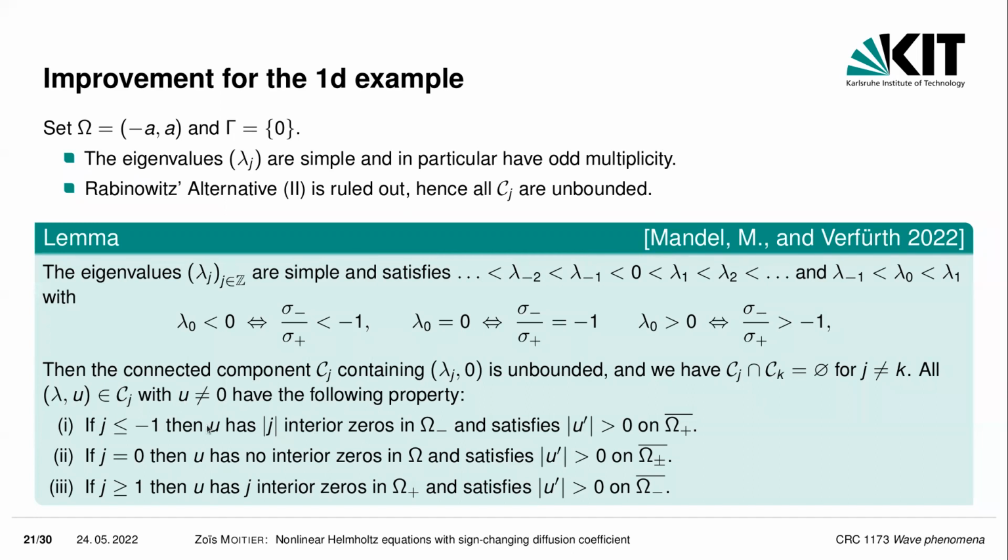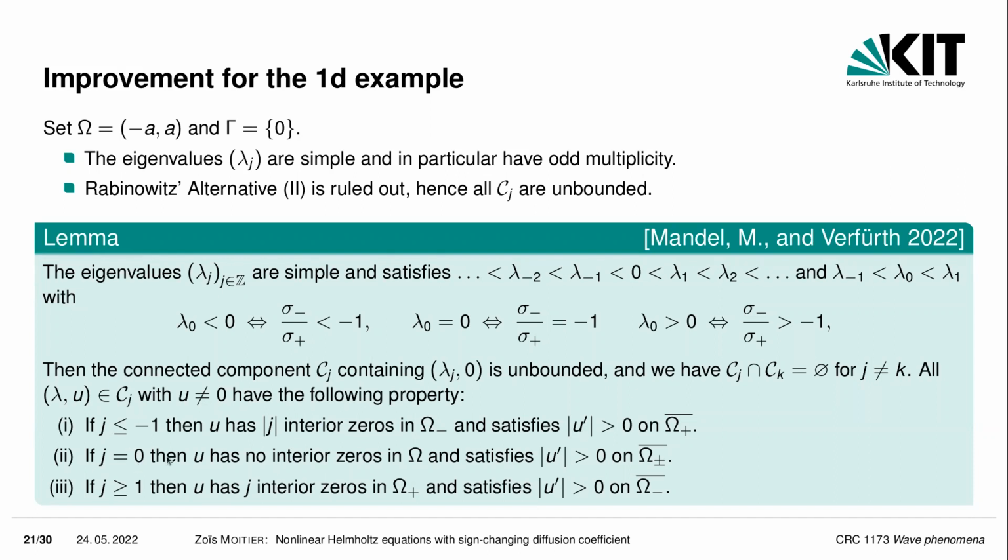I mean, even more precisely, the number of zeros in each subdomain, omega plus and omega minus, is preserved along the branch. So, for example, for the negative eigenvalues, we have j interior zeros in omega minus and no zeros in omega plus, and this will be true along the branch.